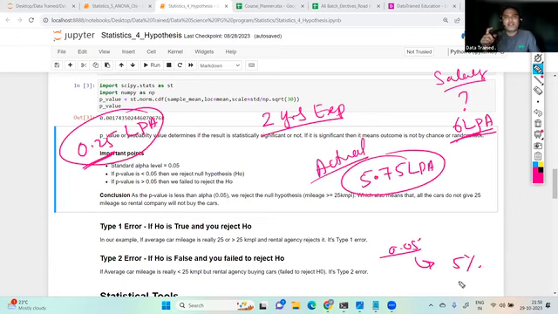If somebody says alpha level 0.1, it means he is allowed to make up to 10% mistake. If it is not given, then it is 5%, which is nothing but 0.05. Is that clear? How to interpret this?